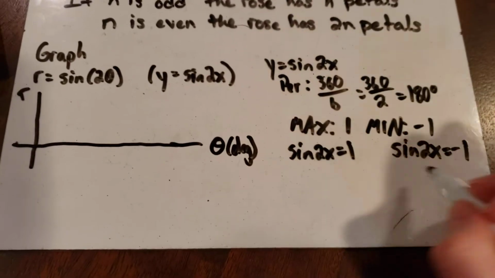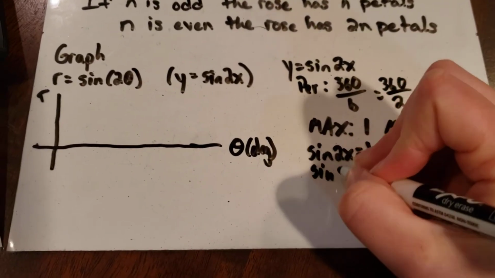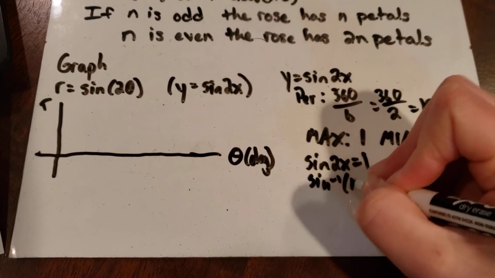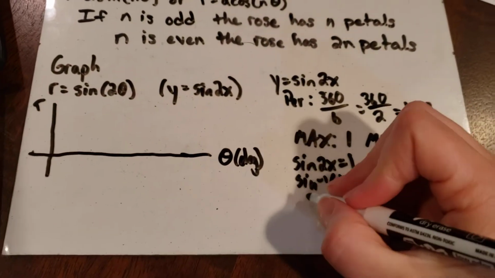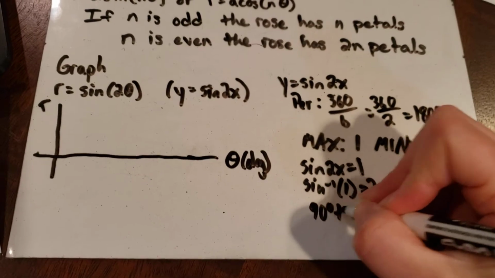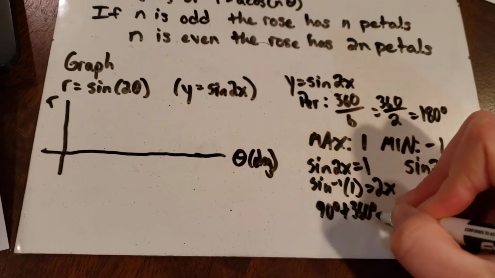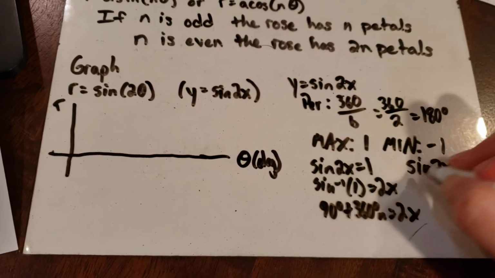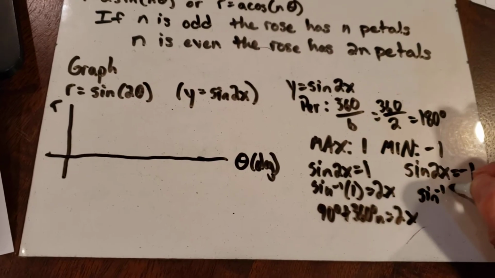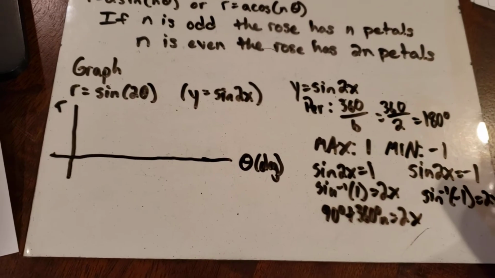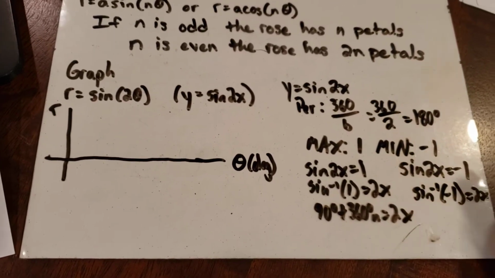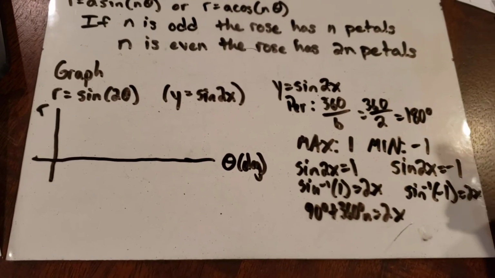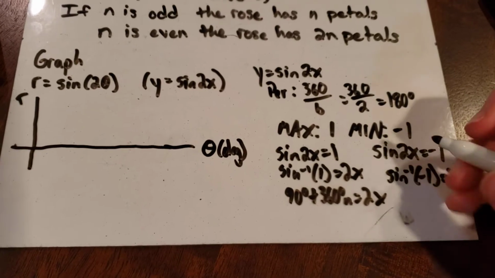So this involves inverse trig. Inverse sine of 1 equals 2x. When does sine evaluate to be positive 1? Well, that's 90 degrees plus everything coterminal. When does sine evaluate to be negative 1? Well, that's 270 degrees plus 360n equals 2x.